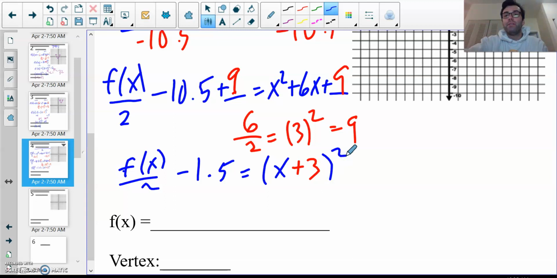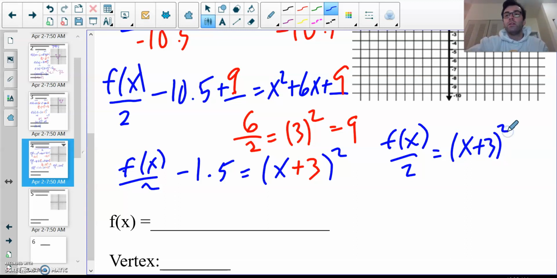Move the 1.5 to the other side. f of x over 2 equals x plus 3 squared plus 1.5. Now, I just want f of x.